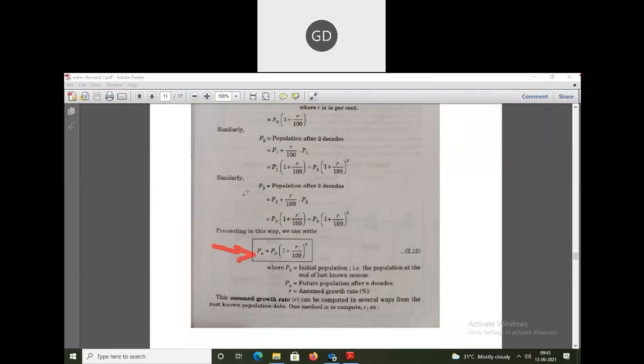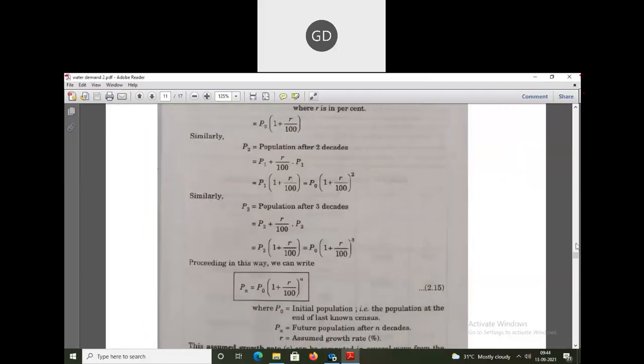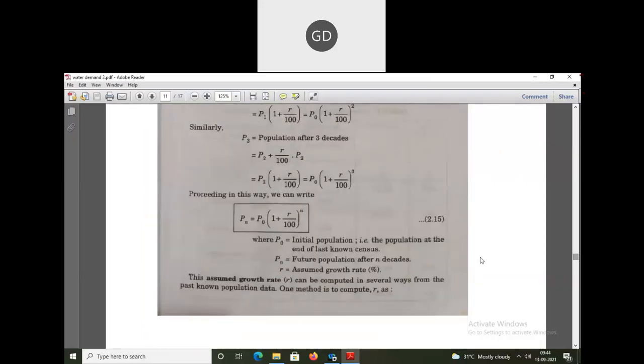The notations Pn and P naught are the same as in the arithmetic increase method. Pn is the future population which we are going to find out, and P naught is the initial or last population given in the question.